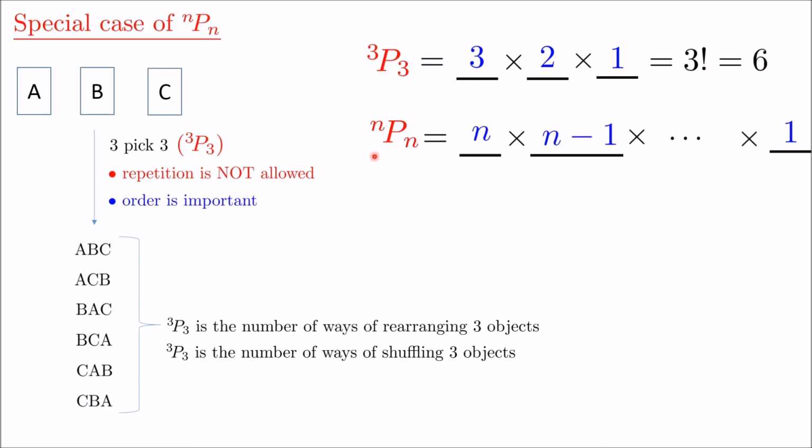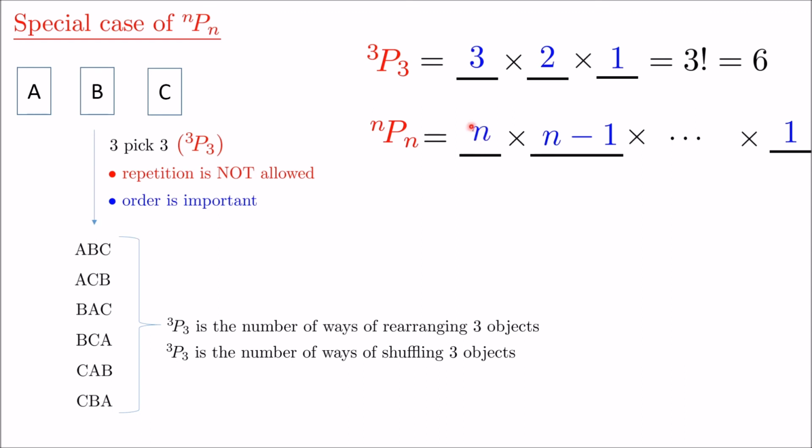So in general, when you try to do nPn, what's going to happen? You're going to have n choices right in the beginning, and then you lose a choice, and then you lose a choice, and you keep losing until you descend all the way down to exactly 1. Because there are n objects overall, you're trying to make n choices. If there are n choices, that means there are n of these slots, so the last number here must be 1 itself.